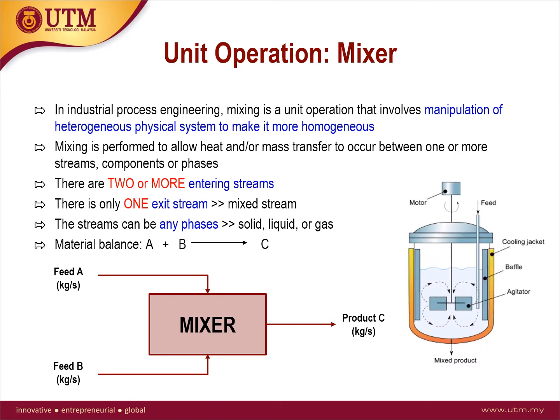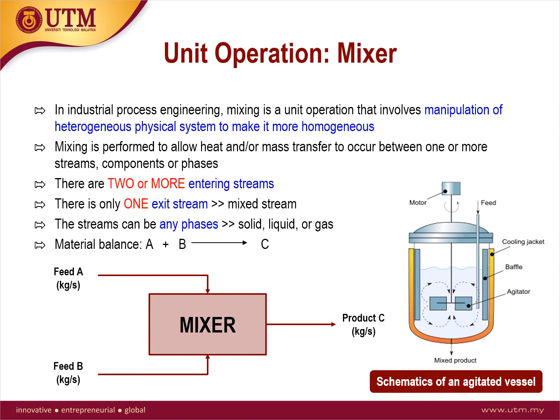Alright, for example, the continuous stirred tank reactor. Right, so you can see here the motor. The motor is used to supply the electric current to the stirrer or agitator to start mixing and make it homogeneous and well mixed.